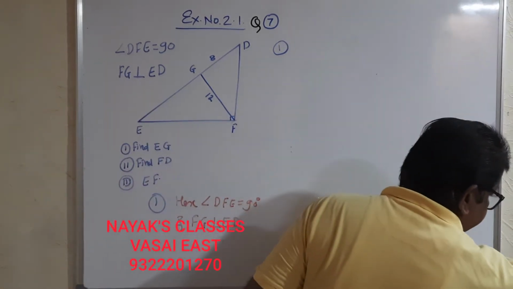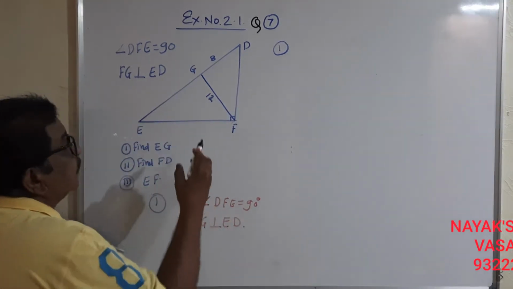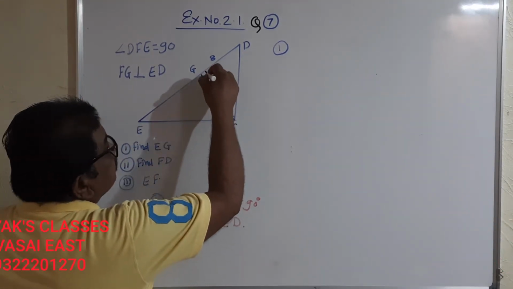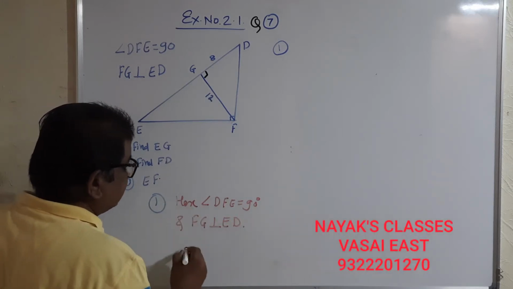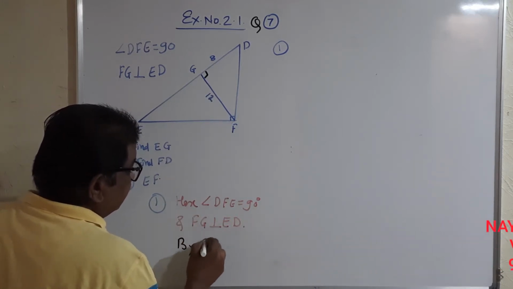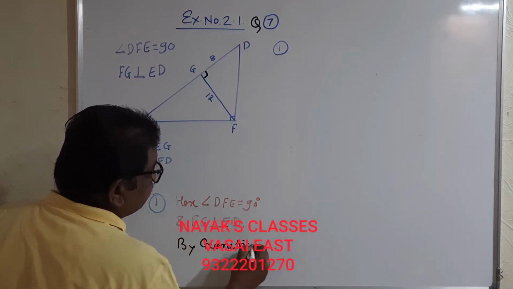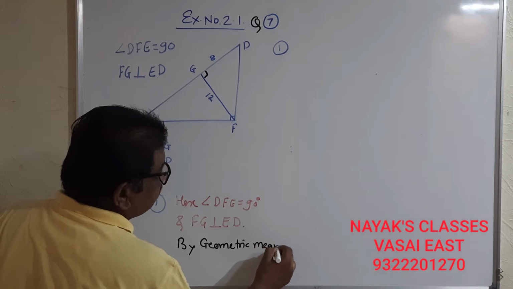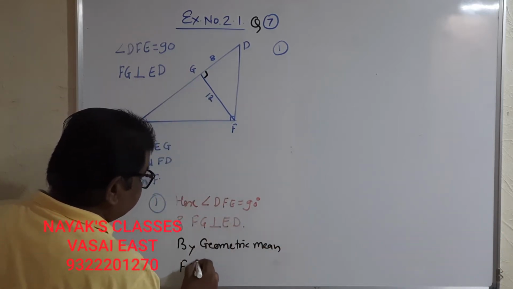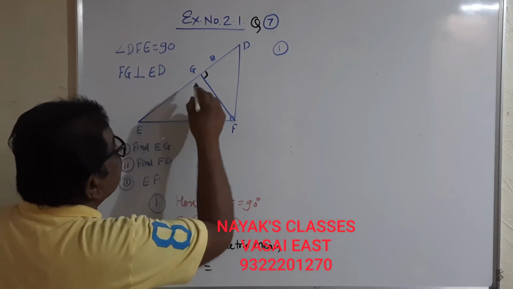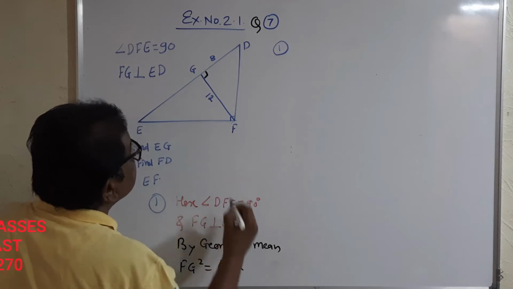So just by seeing this we can say by geometric mean, FG square is equal to EG into GD.